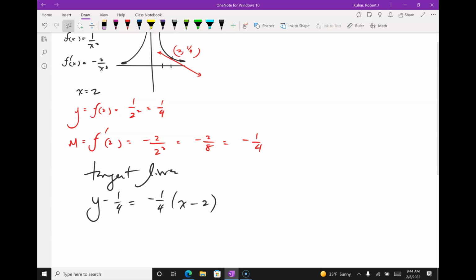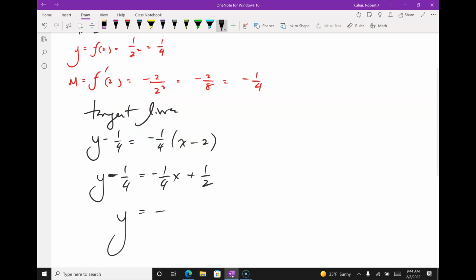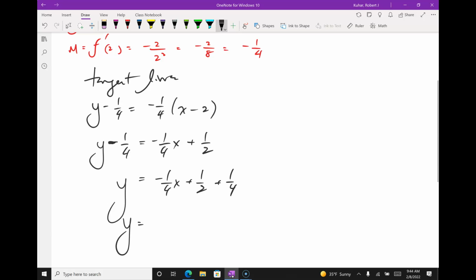Okay? I want to make it look as pretty as I can. So y minus 1/4 equals minus 1/4 x plus 1/2. And I'm putting that 1/4 over. Right? So I get plus 3/4, right?